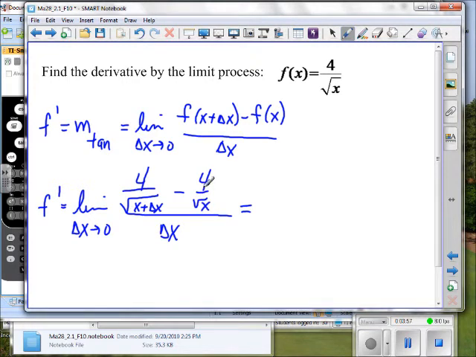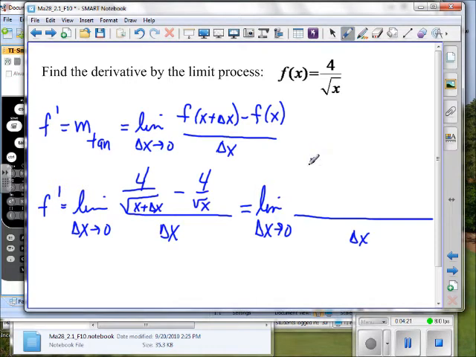So if I have 2 fractions with 2 different denominators, I've got to get a common denominator. That common denominator is going to be what? Well, it's going to be the square root of x plus delta x times the square root of x.